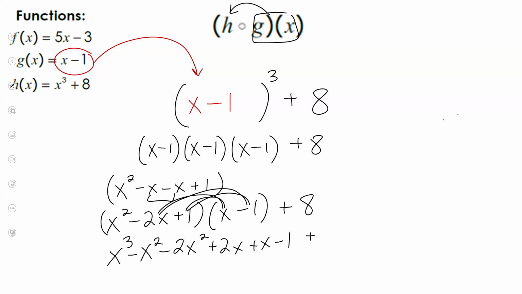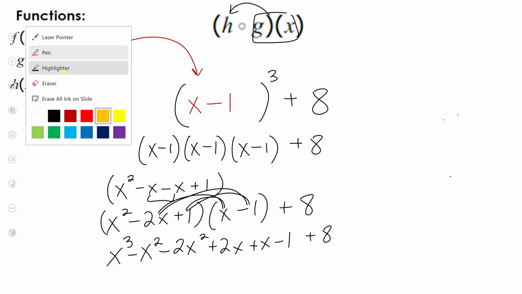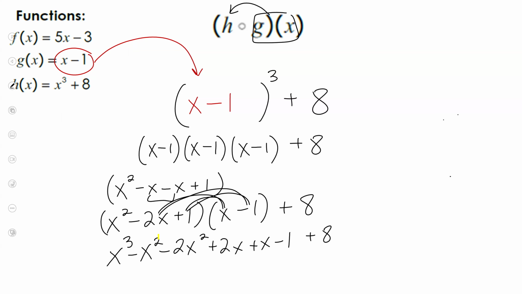And don't forget to put +8 on the end. I'm going to highlight what's going to be combined. You guys will combine the squared term with the other squared term, right? You're going to combine the x with the other x, and you'll combine the constant with the other constant.